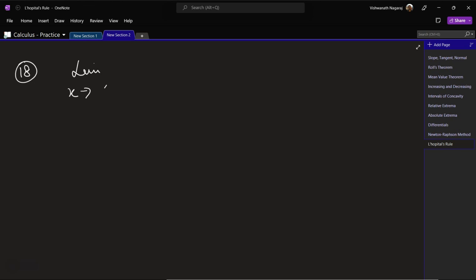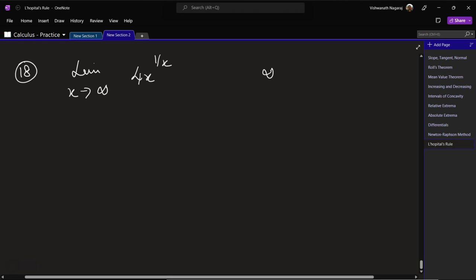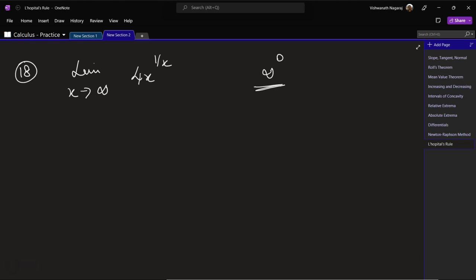Limit as x approaches infinity of 4x to the power of 1 by x. If we take the limit directly, what do we get? In the exponent, we will have 1 by infinity, which is 0. So this is one of the indeterminate forms. Okay, so that means we can't directly do it.